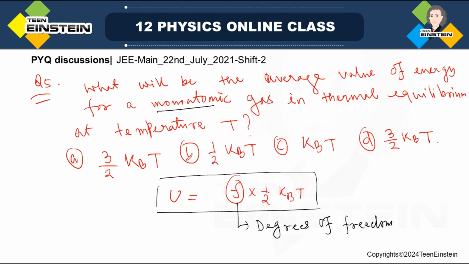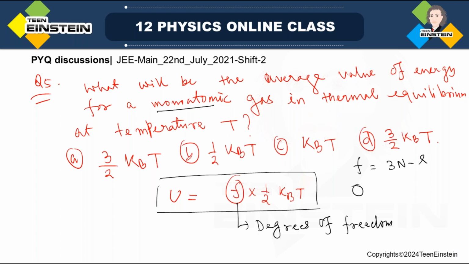We know degrees of freedom F is equal to 3n minus L, where L is the number of constraints. A monoatomic gas is free to move in 3 dimensions, right?